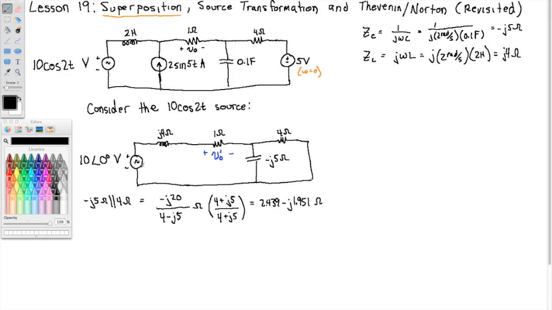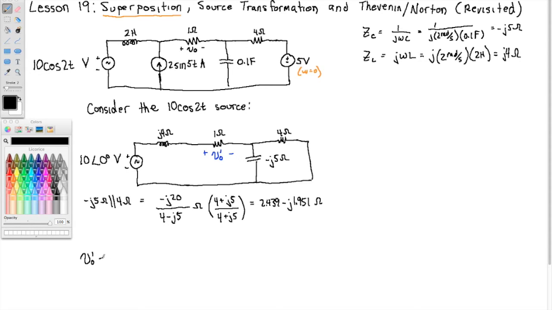So now, considering these two components to be one equivalent impedance, we have a series circuit. We have the voltage source in series with j4 ohms, in series with 1 ohm, in series with the combination. So we can get V0 prime using voltage division.